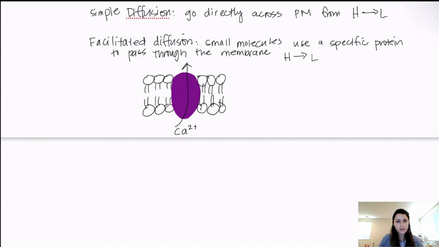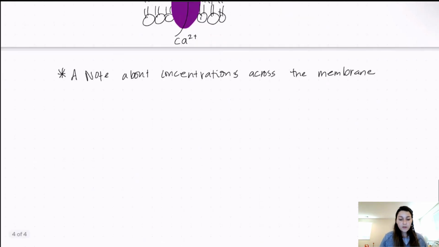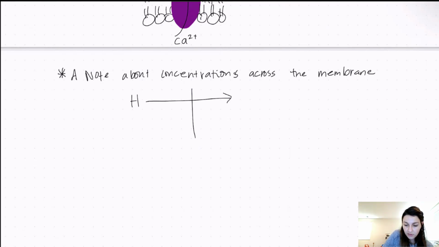Just a note about concentrations across the membrane. Here's my plasma membrane that I'm just drawing as a line. If something is going from a high concentration to a low concentration across the membrane, we say that it's going with the concentration gradient.